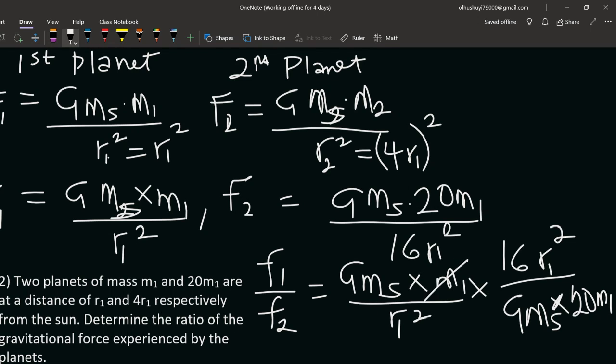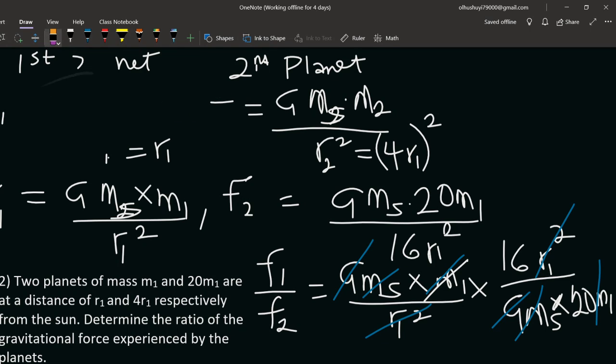So m1 cancels m1, r1 squared will cancel r1 squared. Gravitational constant gone. Mass of the sun gone. Do you see this? So what do we have left? Let me clean this so that you see what I'm doing.